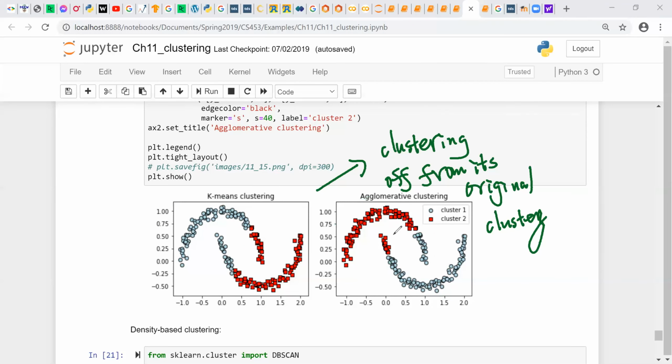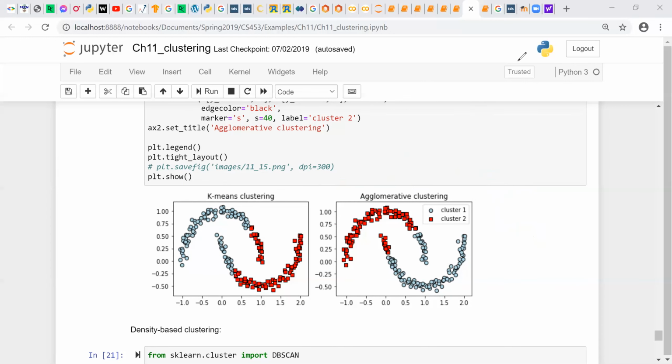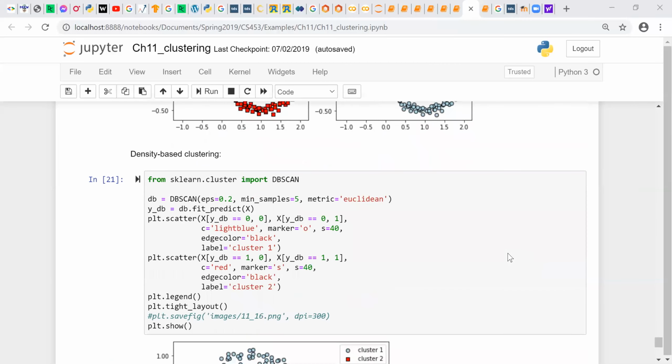But you can go home and try. Maybe you pick a different linkage, and it will change. So you can try that, okay?